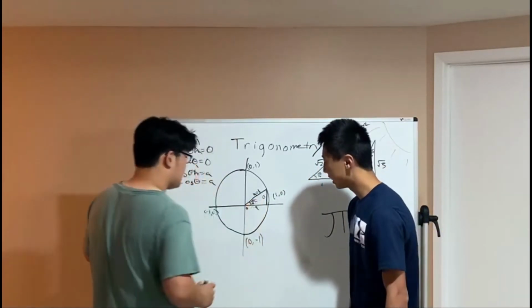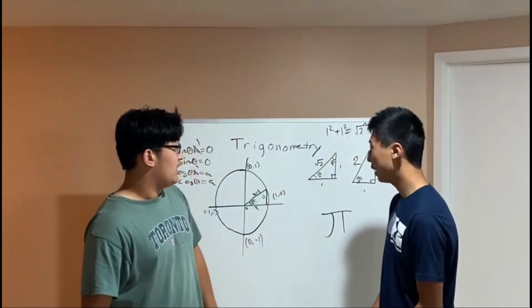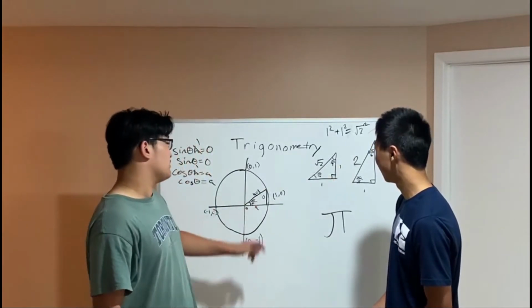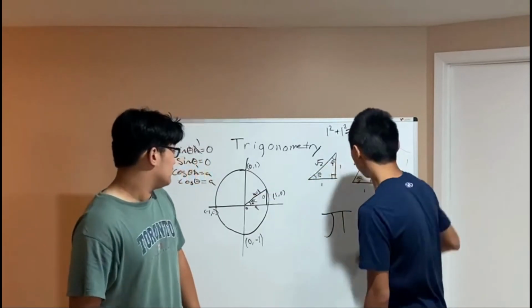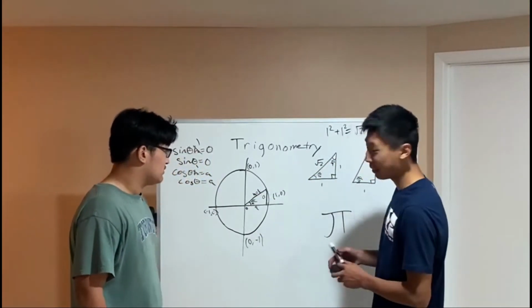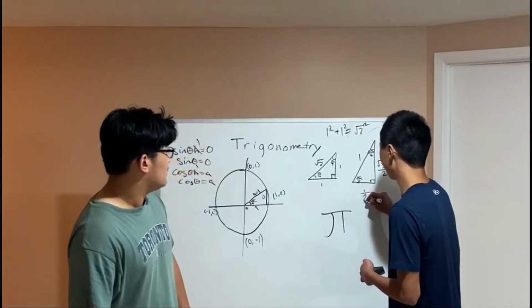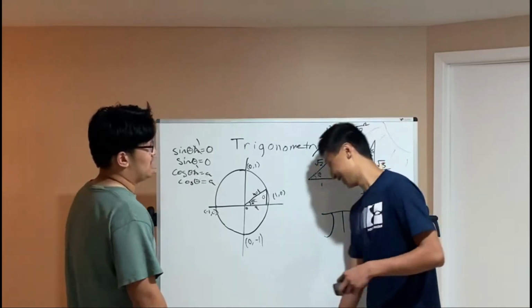Well, pi over 6 is here, and the hypotenuse is 2. Well, what happens if the hypotenuse is 1? Oh, we do a bit of dividing. I hope that's right. Yeah, it is right.